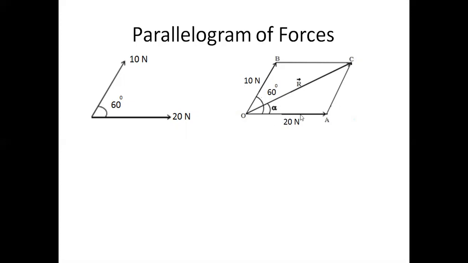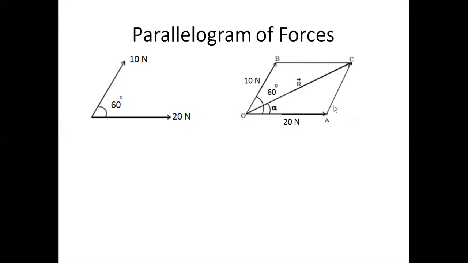So OACB is a parallelogram having adjacent sides of 20 newtons and 10 newtons. Now the resultant is the diagonal which passes through the point of concurrence, that is O. This represents vector R, the resultant force, and it makes an angle of alpha with 20 newtons.